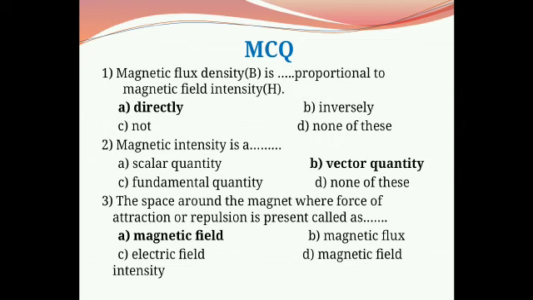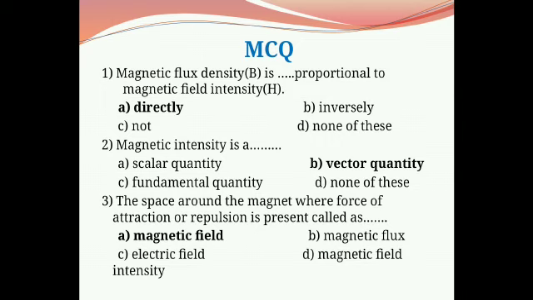Options are: first, directly; second, inversely; third, not; and fourth, none of these. As we saw in the last slide, magnetic flux density is directly proportional to the magnetic field intensity, and therefore the correct answer is option A, directly.